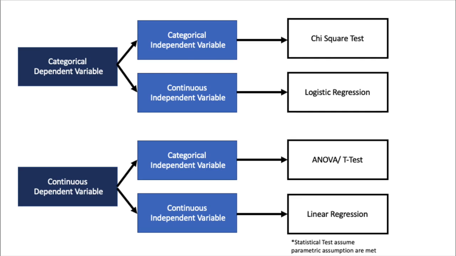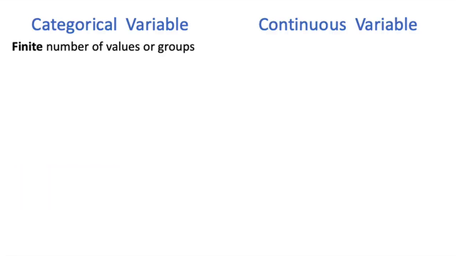But before we get started diving into this big chart, I thought it'd be helpful to go over some terminology. So data is often categorized as either a categorical variable or a continuous variable. And by a categorical variable, I mean one that has a finite number of values or groups.